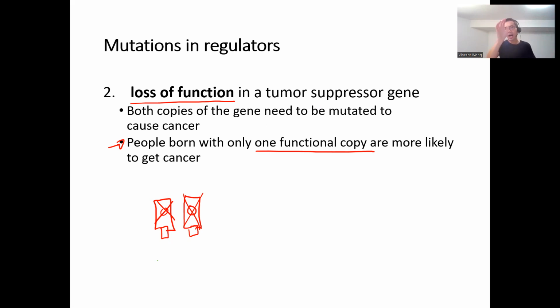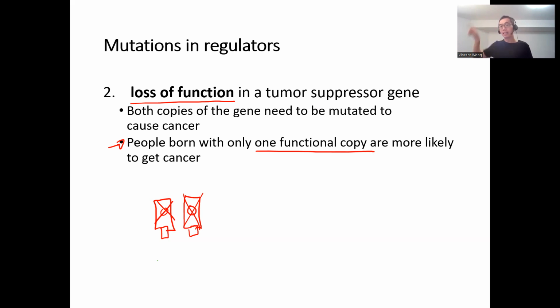However, if that gets passed on to the next generation, all the cells in the child are going to have only one red light left. So if any of the cells has another mutation, that's enough to create a cancer, because they only have one functional red light in all the cells.